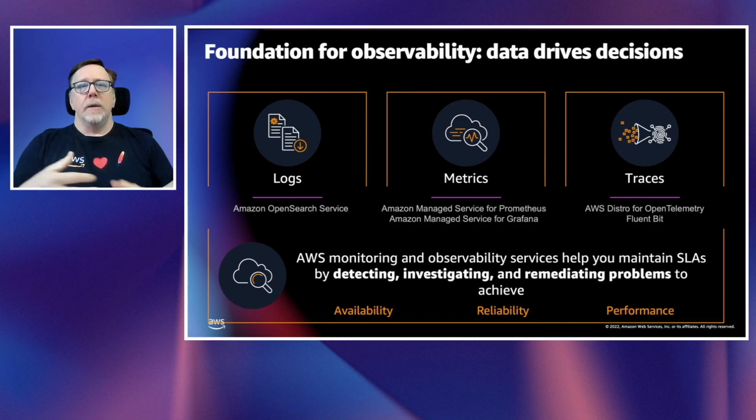Getting specific, observability really rests on three different kinds of information. The first information is log information. Anybody who's ever done any debugging knows that when something goes wrong, the first thing you need to do is go look at the logs.